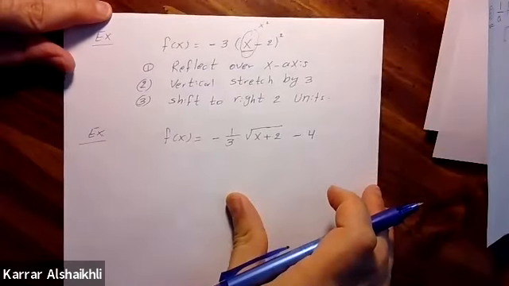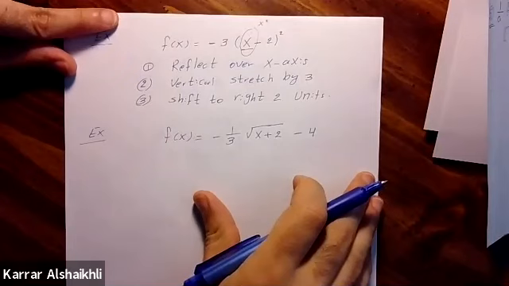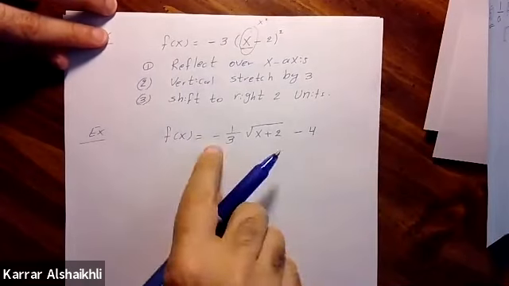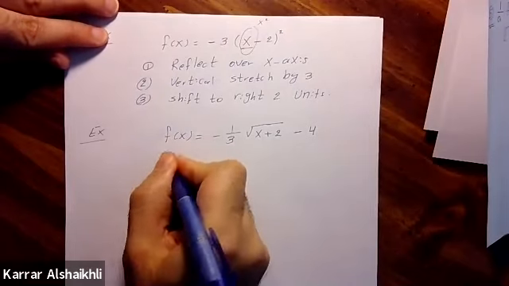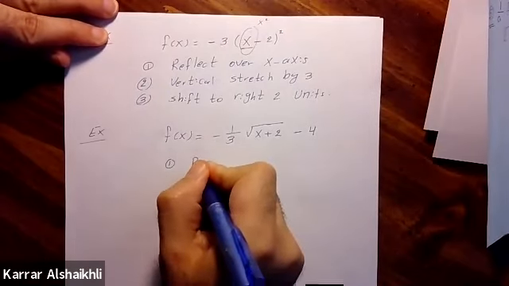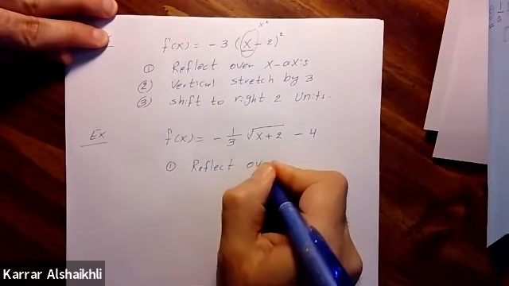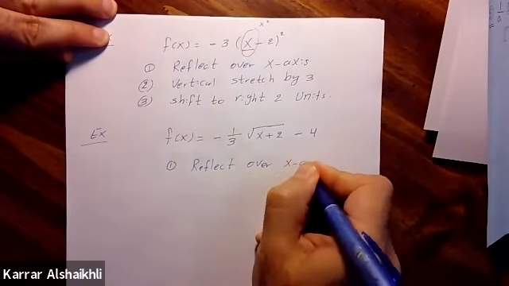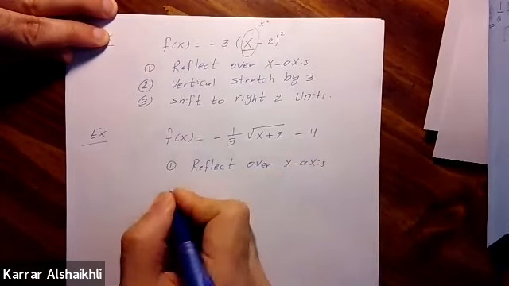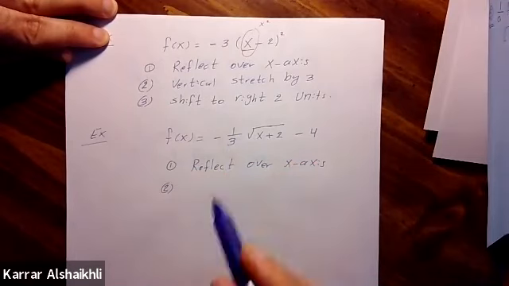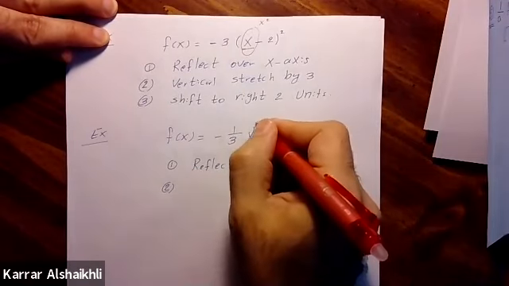So the first technique here, I have negative sign outside the function. So the first technique is going to be reflect over x-axis. The second technique, 1/3 outside the parent function, because this is the parent function here.